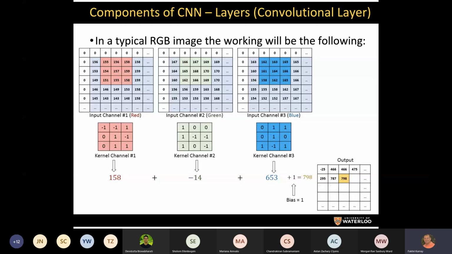In this example the filter is different for each channel, but usually when we are doing a CNN, all the channels of one particular filter have the same exact values. If we add more filters, those filters will have different values. This is an illustrative example of how to utilize various channels and various filters to obtain the output.